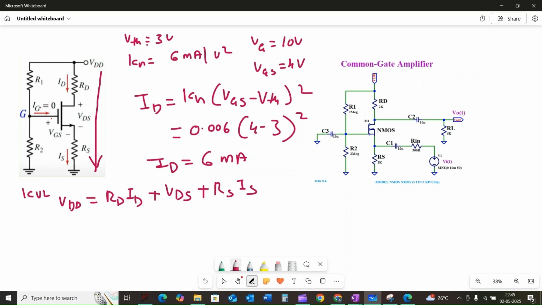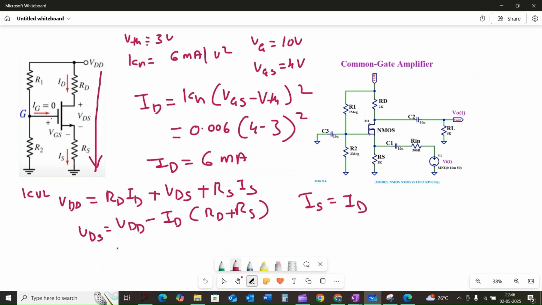And we know that due to the gate current 0, IS is equal to ID, and we can group them together. We can rewrite it as VDS is equal to VDD minus ID into (RD plus RS).